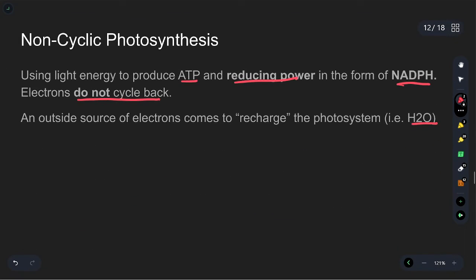And I can rewrite the Z-scheme again. The Z-scheme is just referring to the energy level state of the electron as it goes through photosynthesis. And we saw this earlier, this energy level, this being low, this being high.